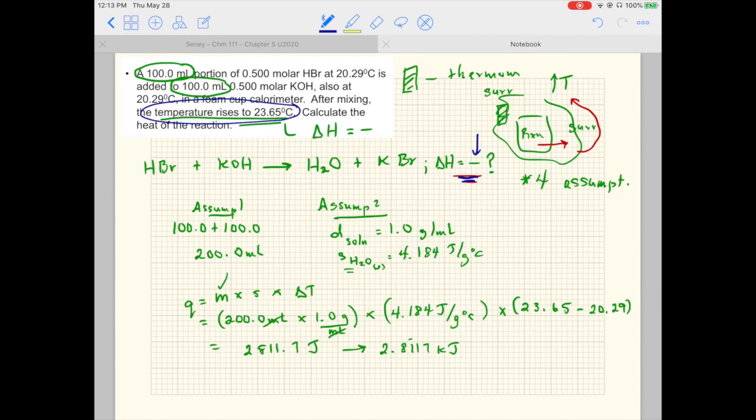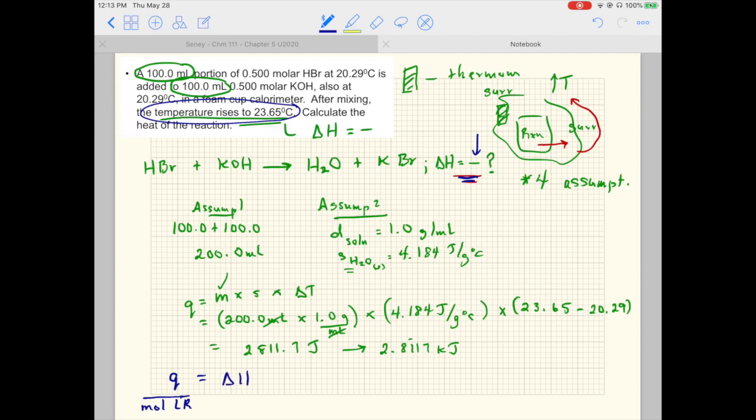Another thing that you are learning from this lesson is that in order to get from Q to a delta H that is based on a balanced equation, because we haven't had to do that before, we have to divide Q by the moles of the limiting reactant, which is why limiting reactants are important.